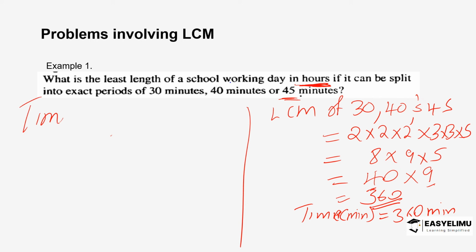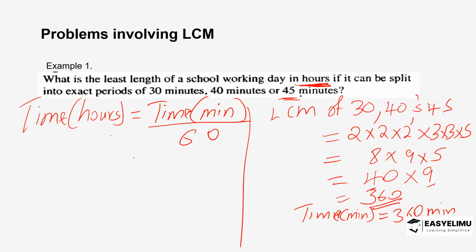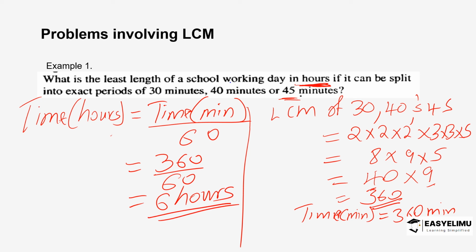So time in hours is equal to time in minutes divided by 60. So we have 360 minutes divided by 60, and that is giving me 6 hours. So this is the least length of a school working day in hours, 6 hours.